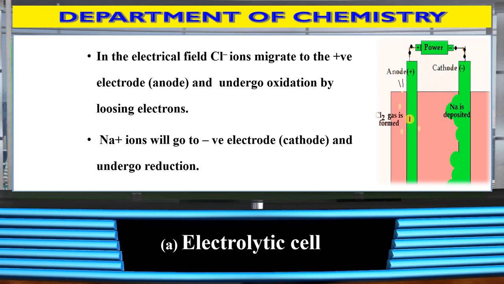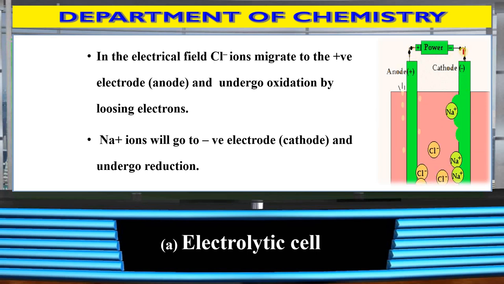Why does the cathode capture negative charge? Because the anode electrode has a positive charge, and due to that positive charge, Cl minus ion migrates towards it, because the metallic rod has an empty space. When Cl minus ion goes towards the anode, the anode accepts electrons from Cl minus ion, and those electrons move from anode to cathode.